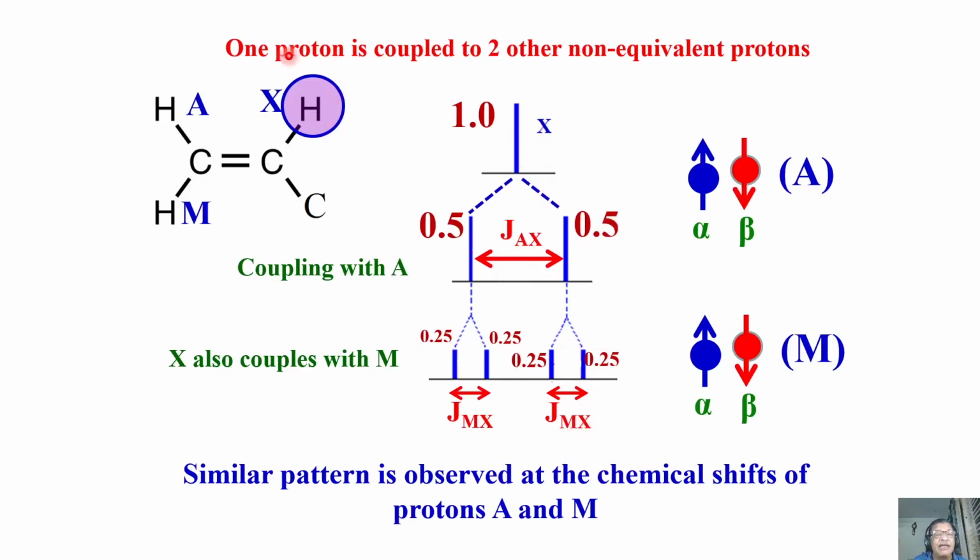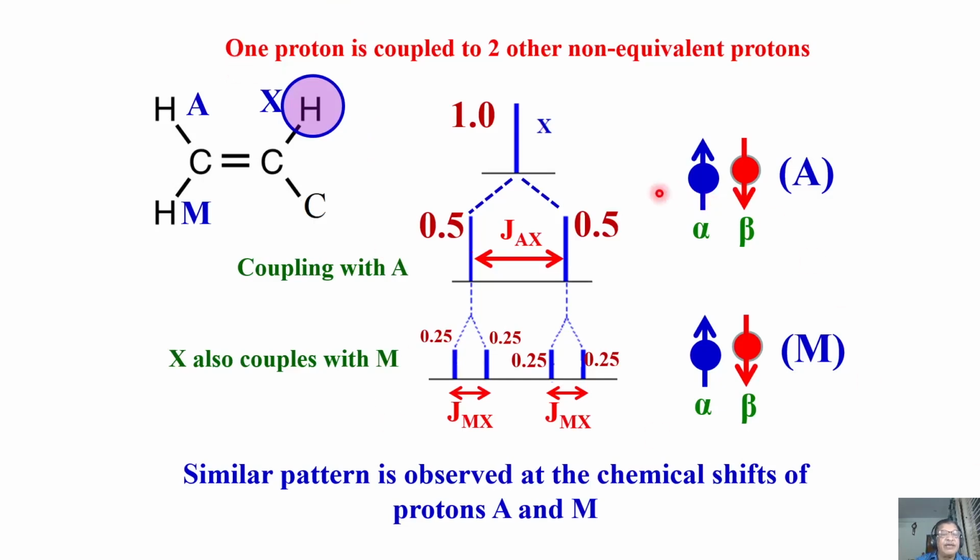Only thing is, simultaneously this is interacting with this, and this is also interacting with this. At the same time, this proton experiences coupling with these two. Tomorrow don't come and tell me, hey, first it has to interact with this and then this. No, there is no sequential operation like that. One proton, simply understand, simultaneously experiences coupling with all the other NMR active spins so long as there is an interaction between them.